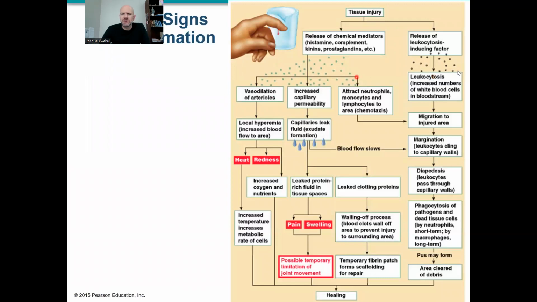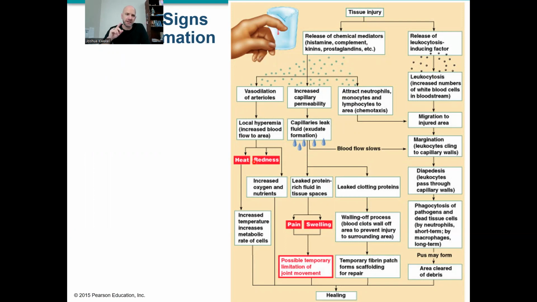All right, so here's a whole table looking at all of the steps that go on during inflammation. And these 3 red boxes here indicate the 4 cardinal signs of inflammation: heat, redness, pain, and swelling. And there's 4 Latin words that have a similar sound.